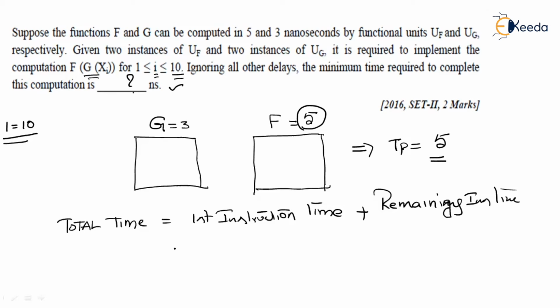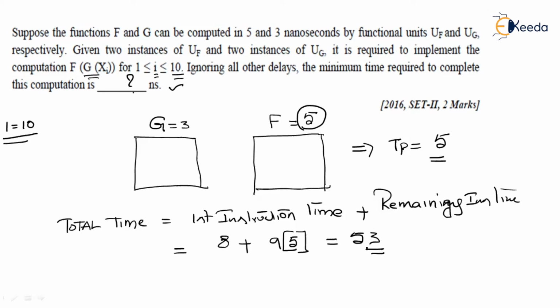That will be equal to, the first instruction will definitely consume all the clock cycles, that is 3 plus 5, 8 clock cycles. But the rest of the 9 instructions will take only TP number of clock cycles, 9 into 5. That will be equal to 45 plus 8, which is 53.